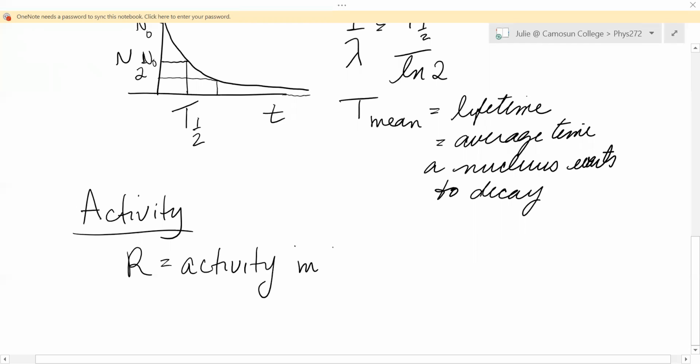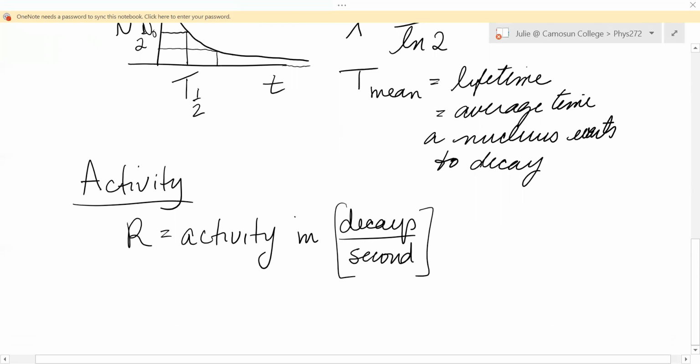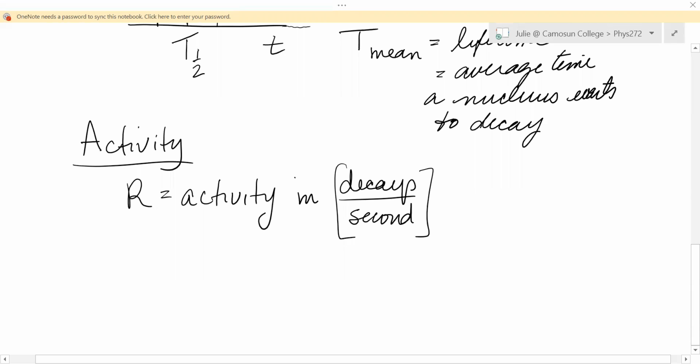And the units for this are decays per second. Now, curies are also a unit of decays per second, as are becquerels. And so the curie and the becquerel are also used for the values of activities.